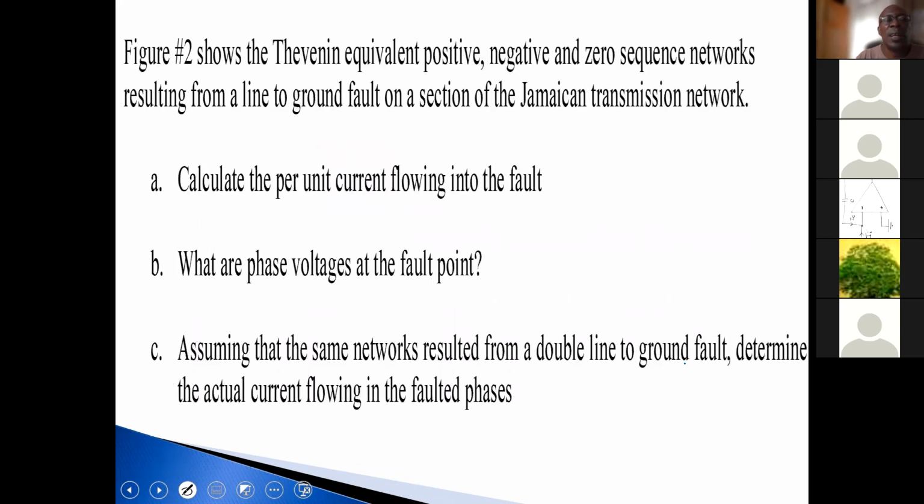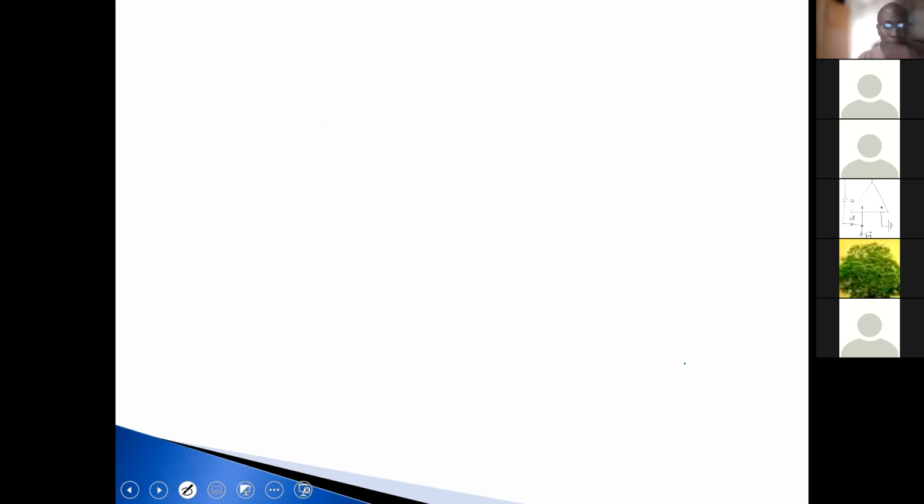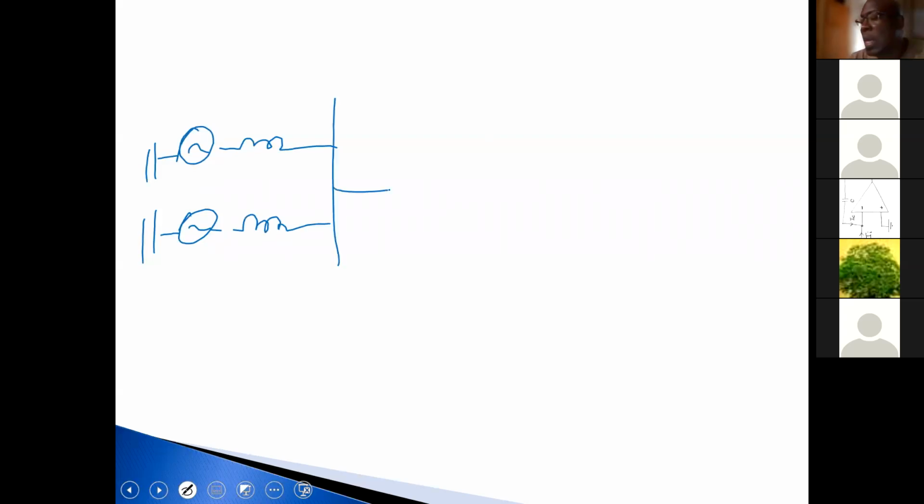Where we are going, all right. So let me just quickly draw this. So we have zero, positive, that. And then for the network, we have the transformer. So we have that. We have our line. We have our transformer, and then we have our load.